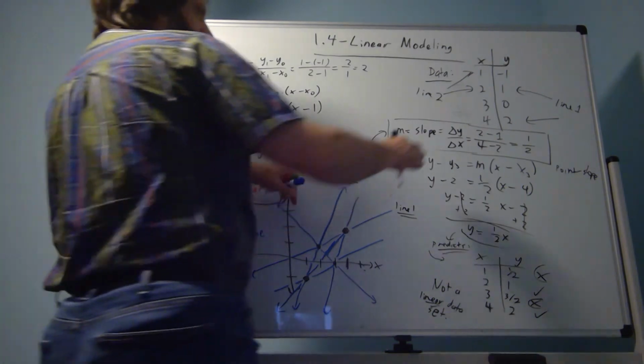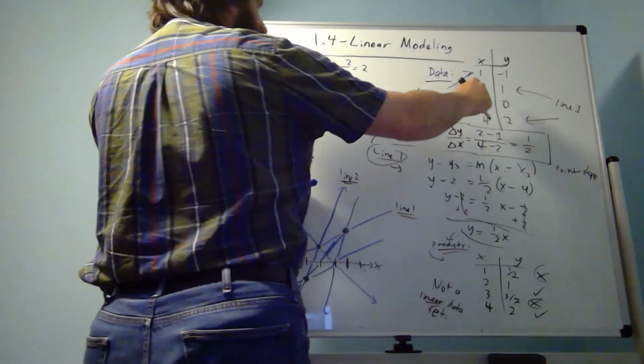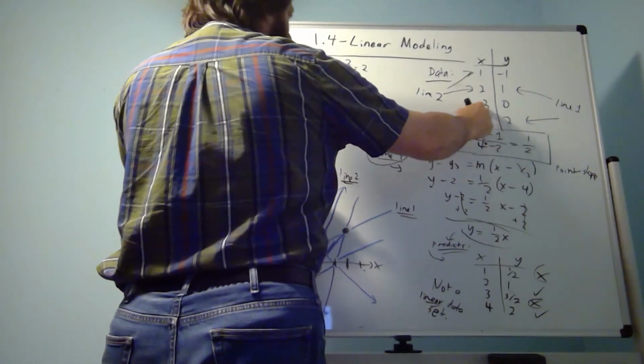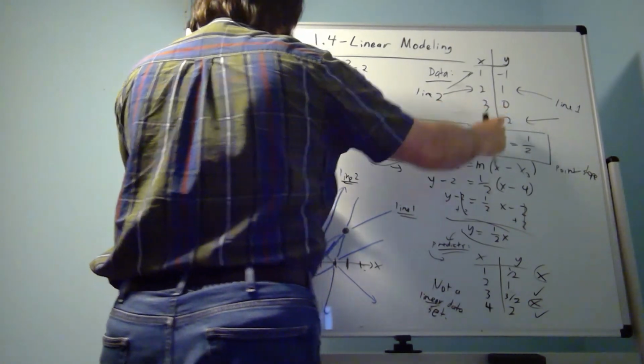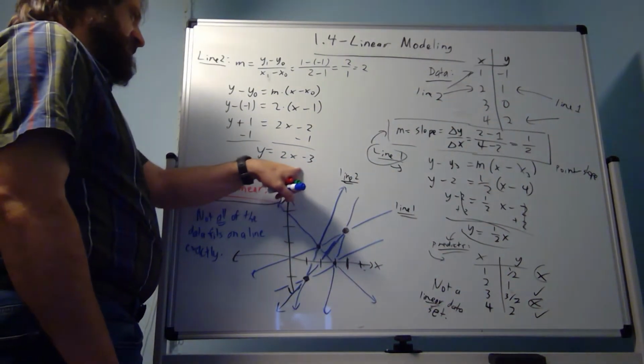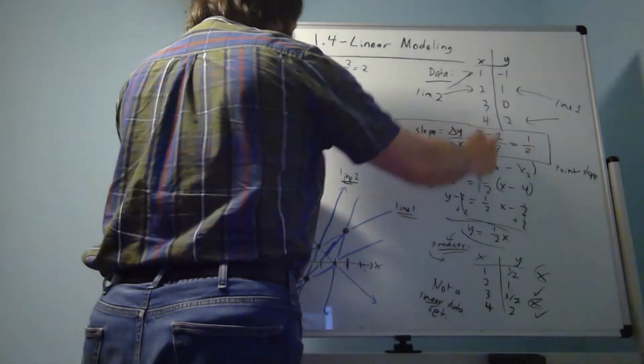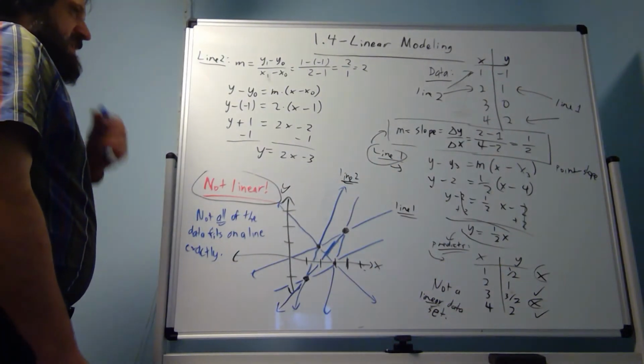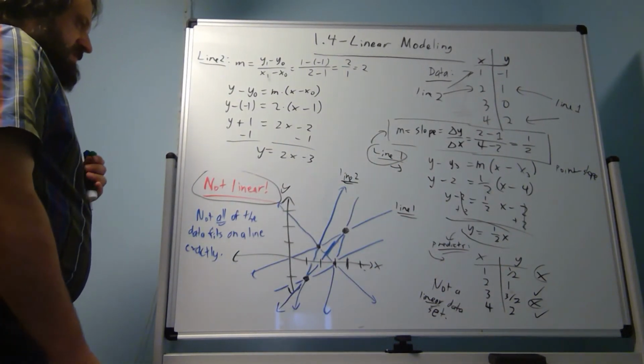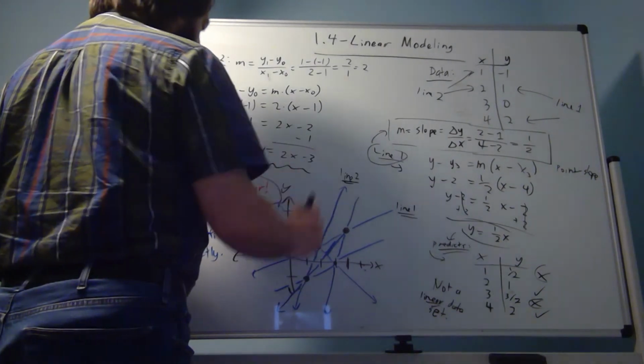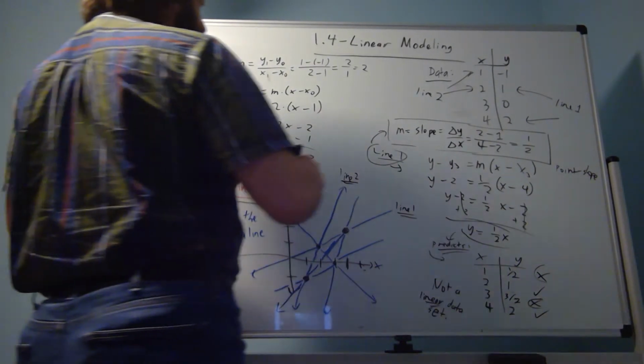So sure, if we plug in 1, we'll get -1. If we plug in 2, we'll get +1. But if we plug in 3, we won't get 0. We'll get +3. If we plug in 4, we'll get like 5 instead of 2. So it doesn't fit the same data set perfectly.